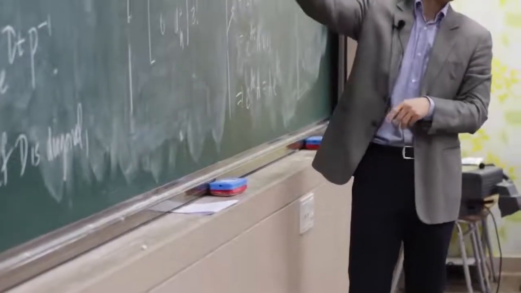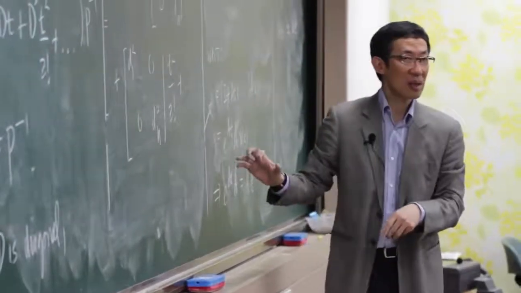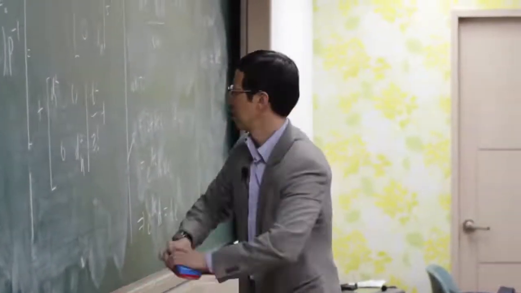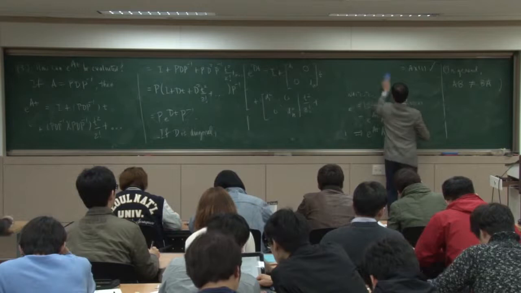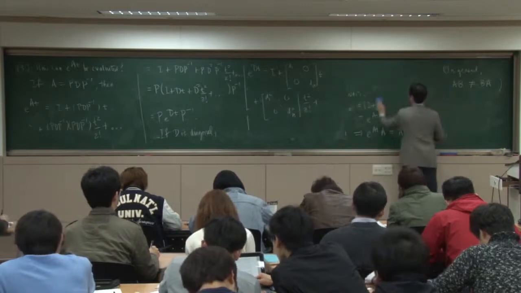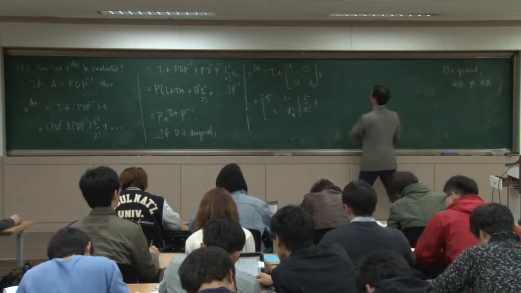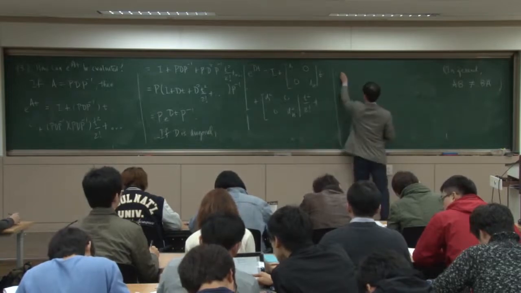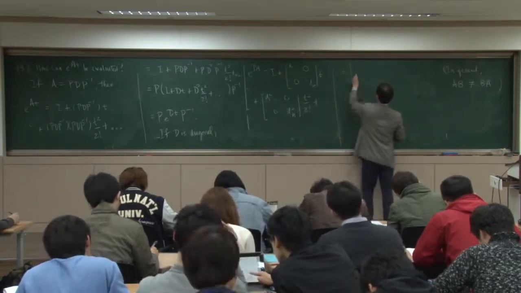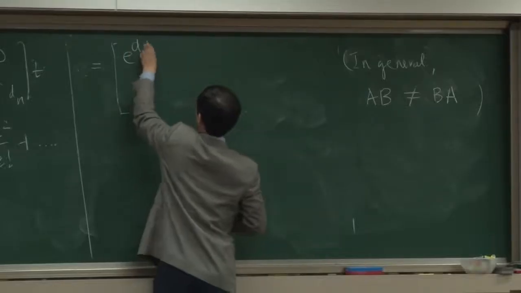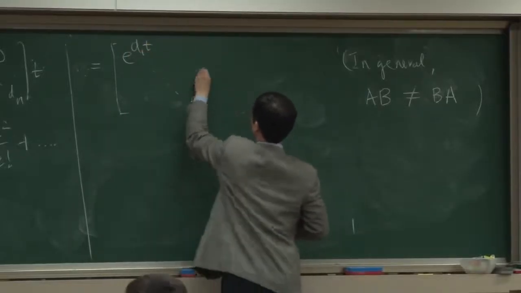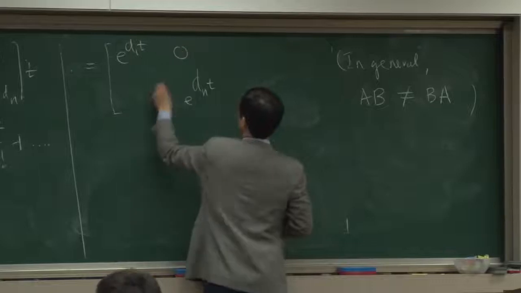You notice that you get a diagonal matrix as a result. In fact, this turns out to be just e to the d1t through e to the dnt.